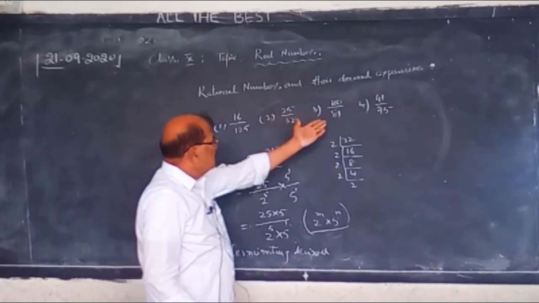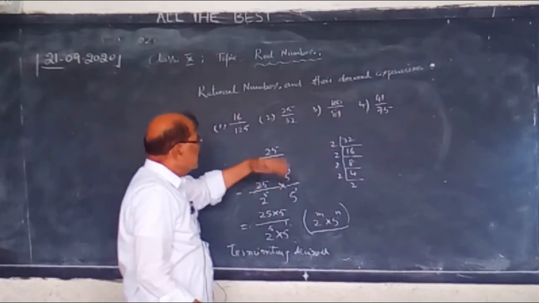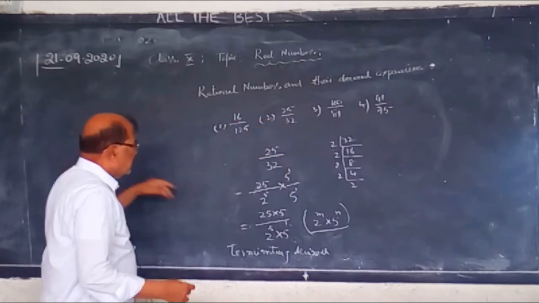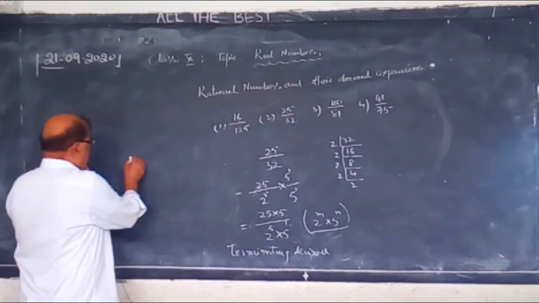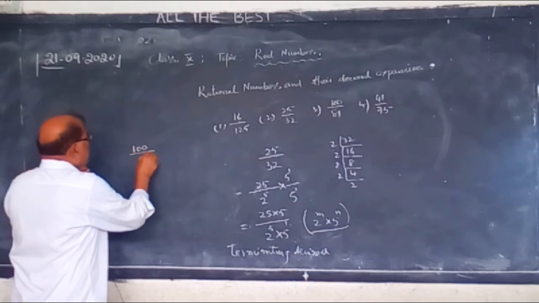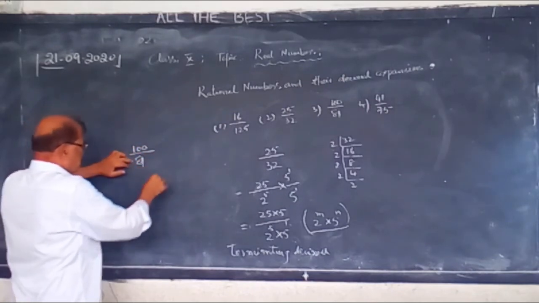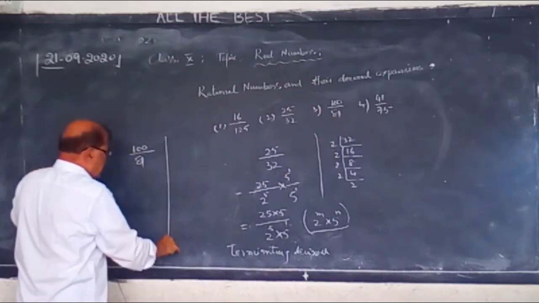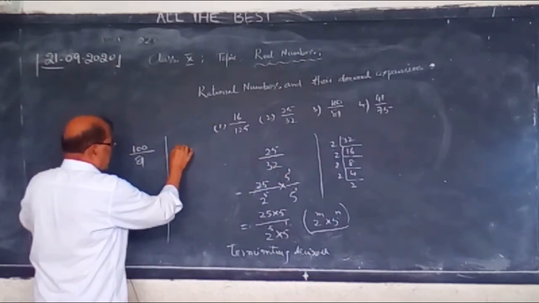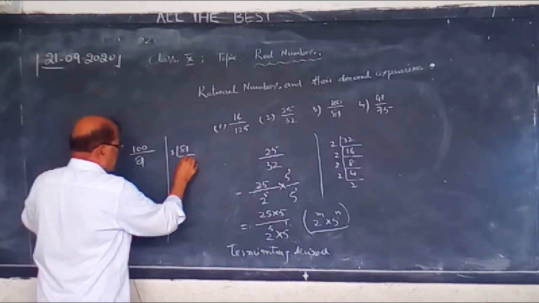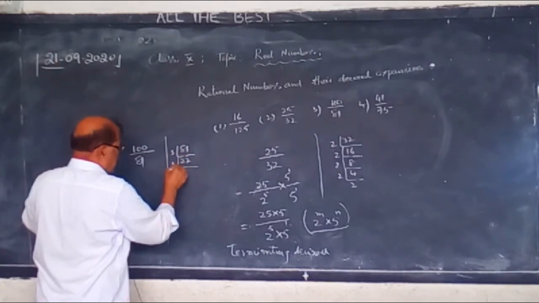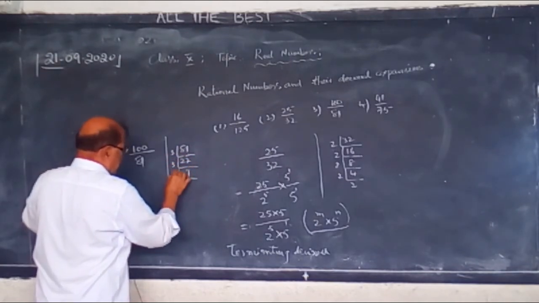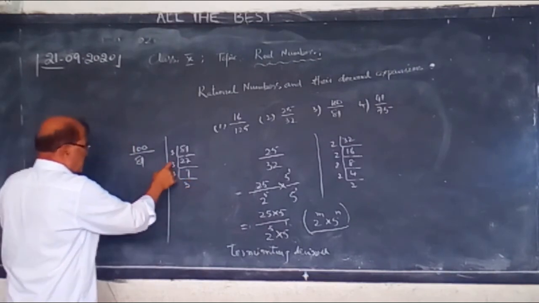So here, take 100 by 81. The denominator is 81. Find out the factors of 81 in rough column. 3 27s are, 3 9s are, 3 3s are, 1 2 3 4.